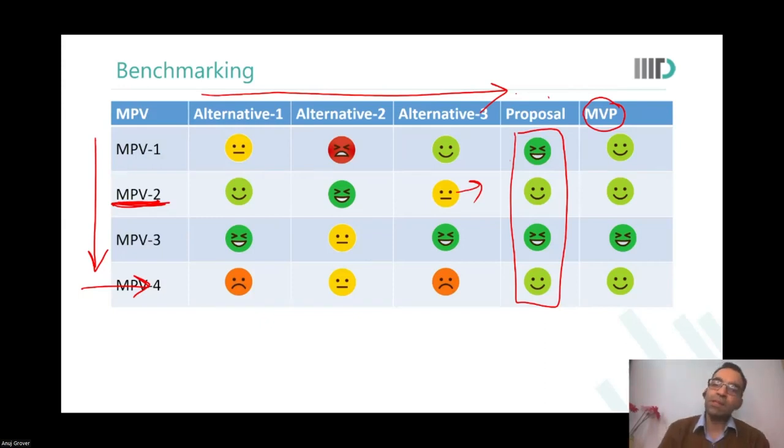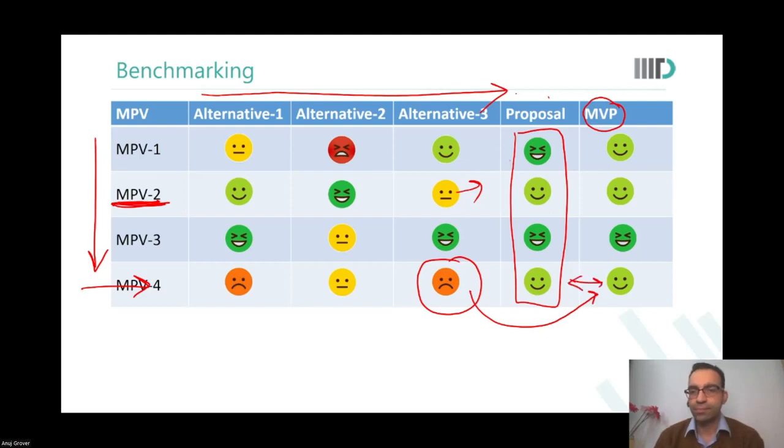For example, this was the key MPV because of which someone would move from alternative 3 to my product. This improvement I have kept intact. Whatever was the weakness of alternative 3, that also I improved. What was already a reasonable strength, I wanted to be much stronger there.